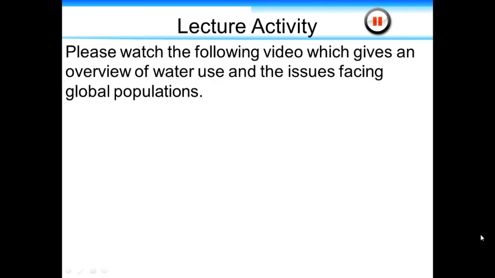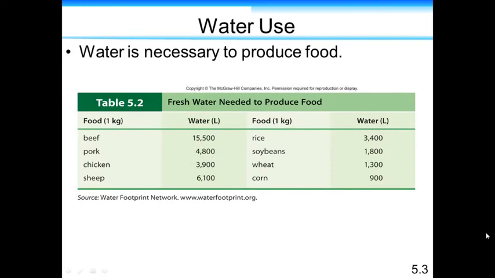Let's take a look at water use and the issues facing global populations. So we need water for almost everything. To produce food needs a significant amount of water.